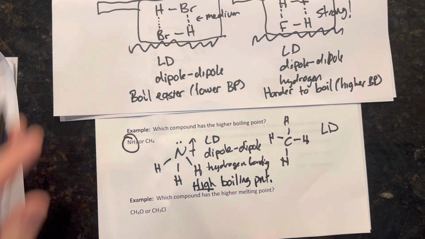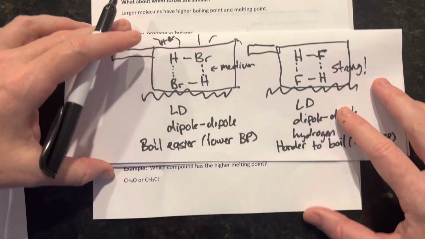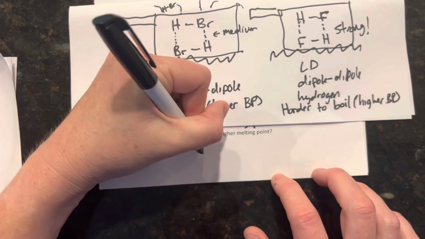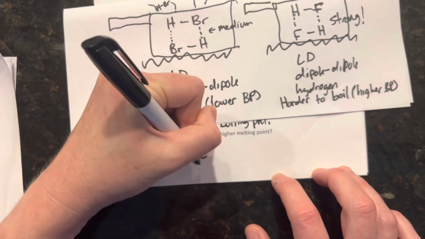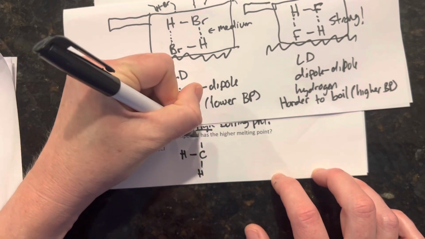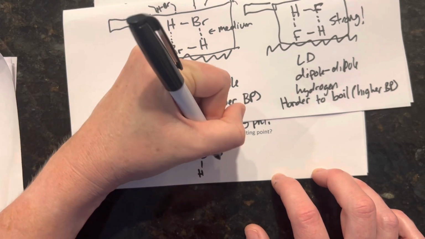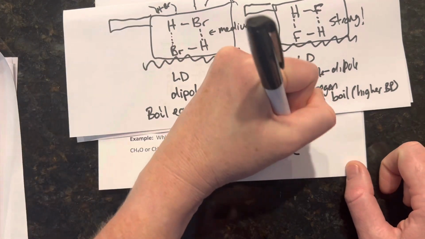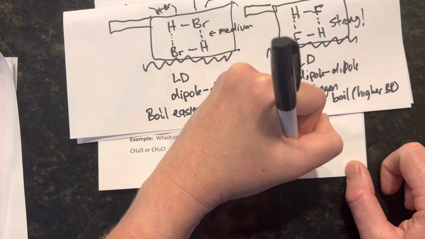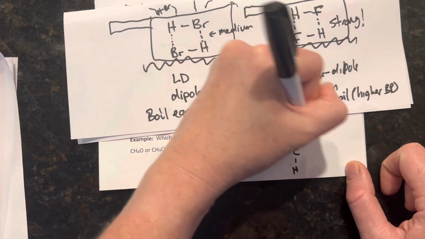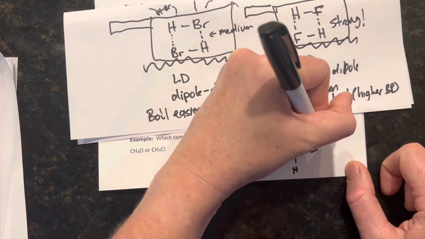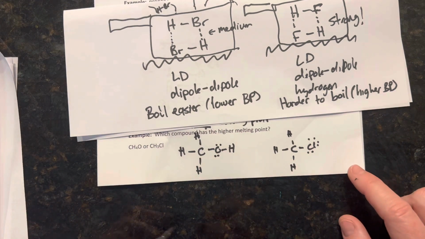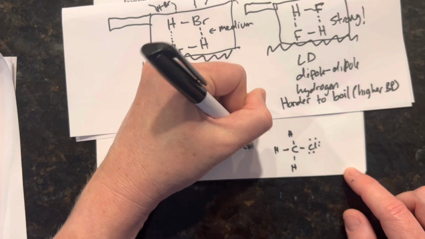All right, the same concept applies for a melting point. So here we have CH4O and CH3Cl. All right, so they both have London dispersion.